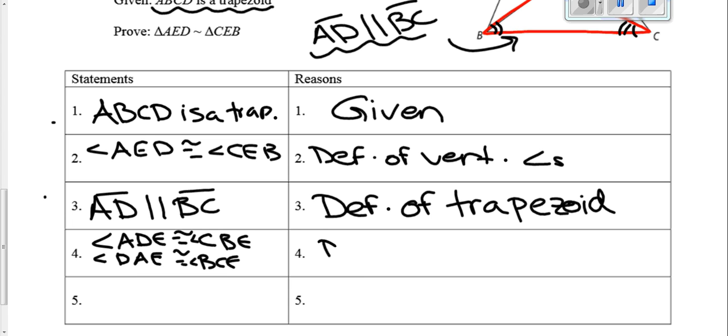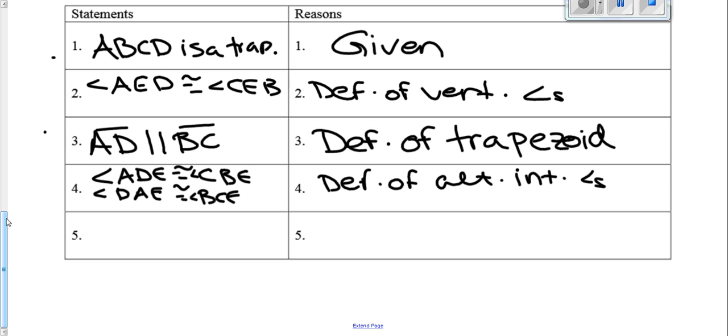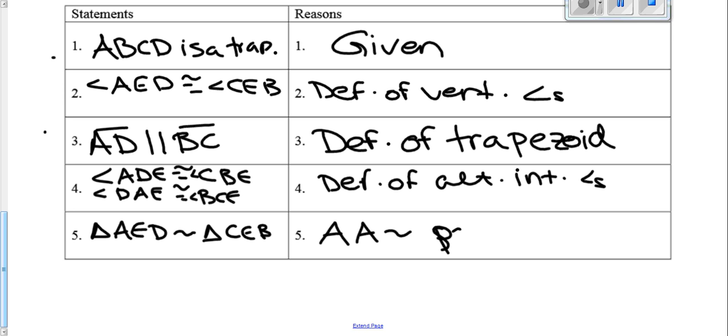Alternate interior angles. All right, we have enough information to now conclude the triangles are similar. So triangle AED is similar to triangle CEB, angle-angle postulate. Notice we're saying similar here because it's not congruent, so you need to state it's the angle-angle similarity postulate.